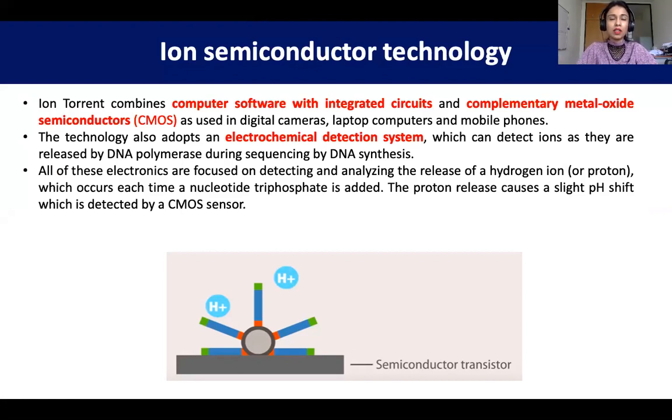Each time a nucleotide is added, an ion, a proton, is released, and the sensor actually detects the change in pH, right? So each time a nucleotide is added, it detects the change in pH, and there is a signal, right? So all of these electronics are focused on detecting and analyzing the release of a hydrogen.